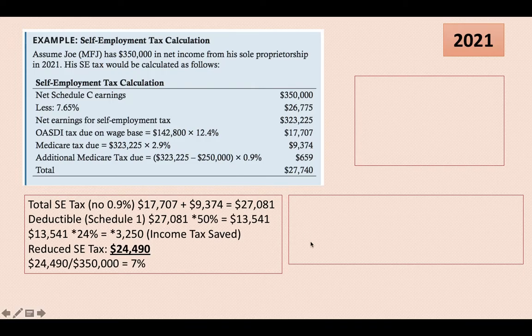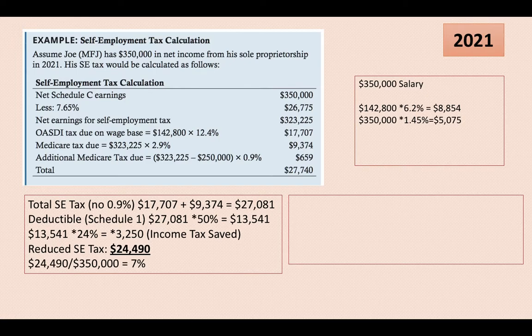So I just want to compare, say, if you are an employee and you make $350,000 as a salary, right? Then you will pay Social Security, capped to only pay on $142,800 at 6.2%. So this is your Social Security tax.